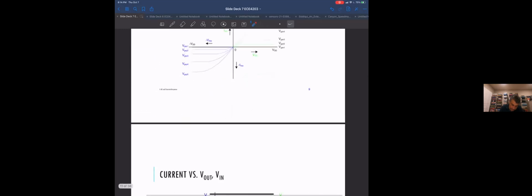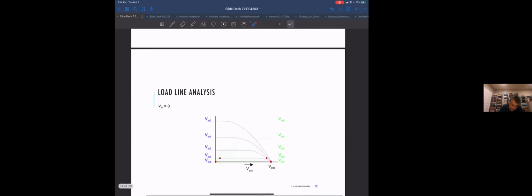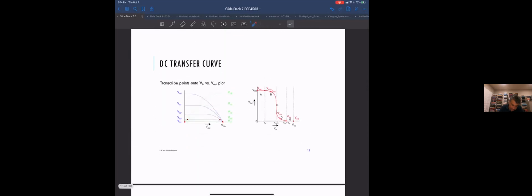So for each VGS, we only have one permissible value for VDS, or the output. Plotting those, you get the transfer function of V in versus V out. We'll go through and see how that works.